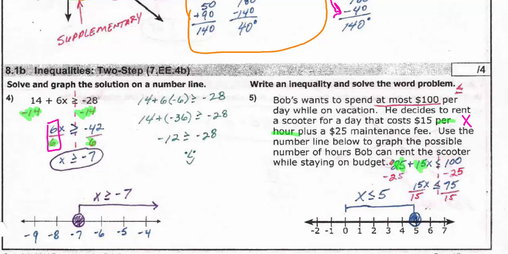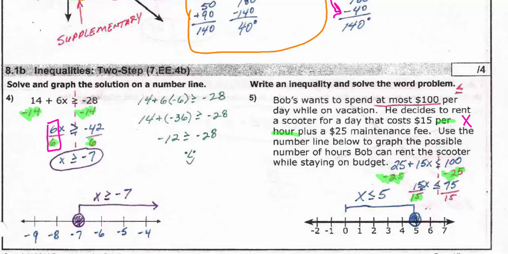So our first step is to subtract the 25, take away the maintenance fee, so we can figure out how many hours he can afford. We get 15x is less than or equal to 75. So he's got $75 to spend on the rental of the scooter itself, on the number of hours.